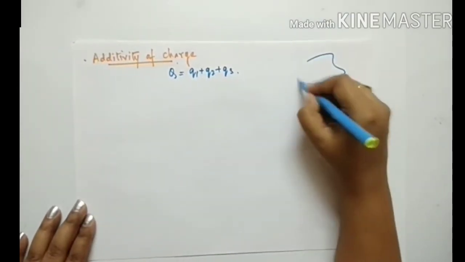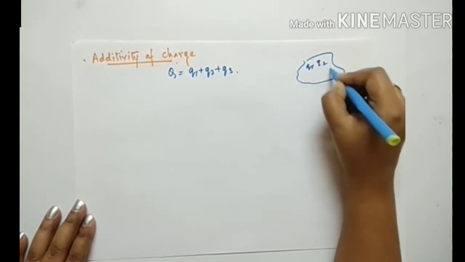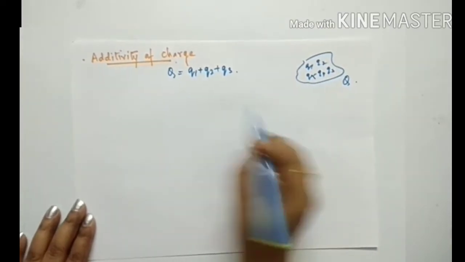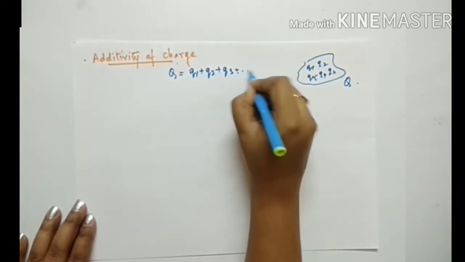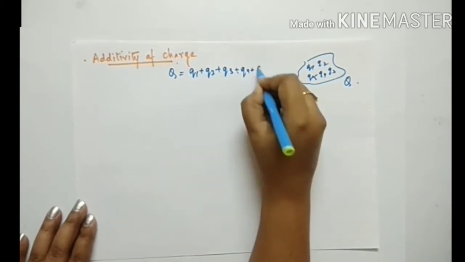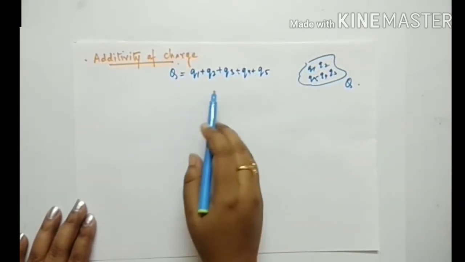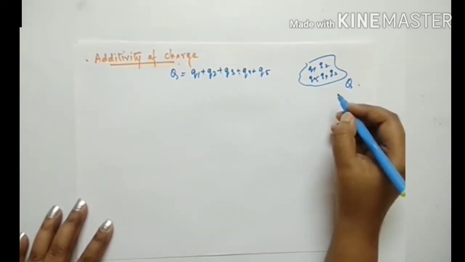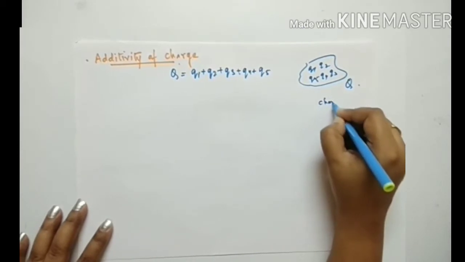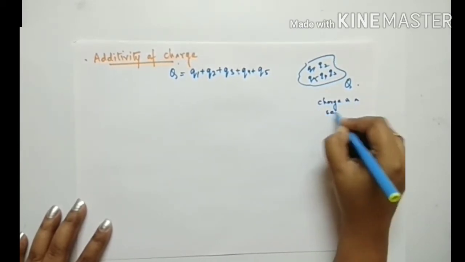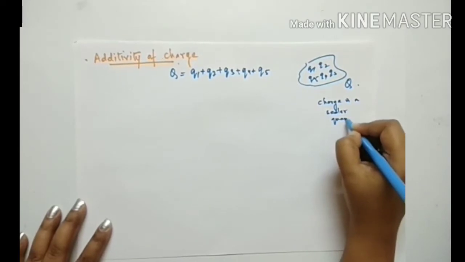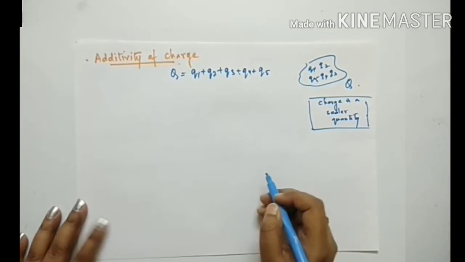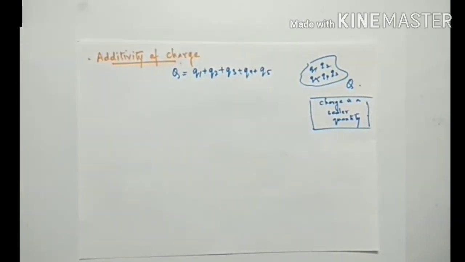Suppose this is a body with charges Q1, Q2, Q3, Q4, Q5 and total charge Q. You can take the total charge as Q1 plus Q2 and so on up to Q5. So you can easily add the charges. This is the additivity of charges, and always remember, charge is a scalar quantity.